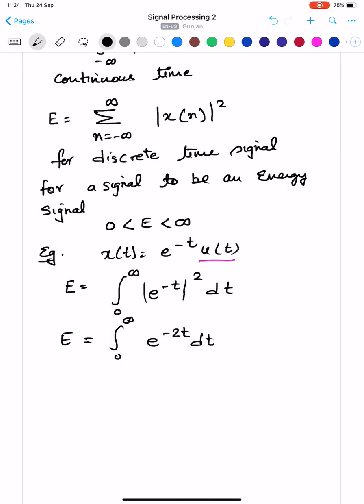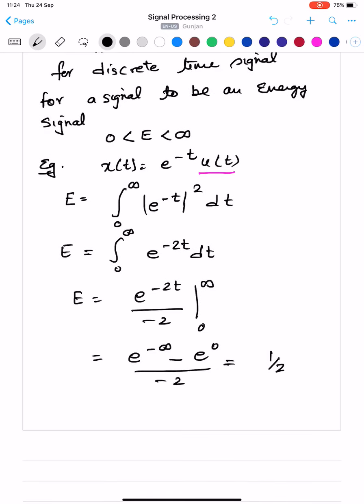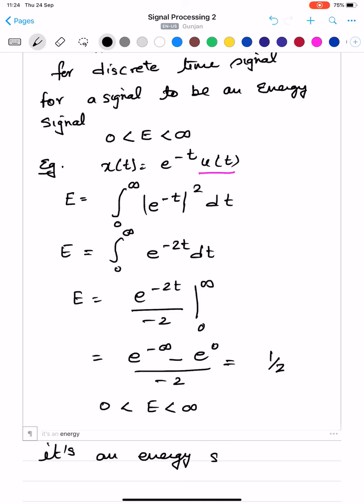So E will be equal to e raised to the power minus 2t divided by minus 2, with the limits of integration from 0 to infinite. So it will be e raised to the power minus infinite minus e raised to the power 0, divided by minus 2, and so it will be 1 by 2. So 1 by 2 lies between 0 and infinite. So it's an energy signal.